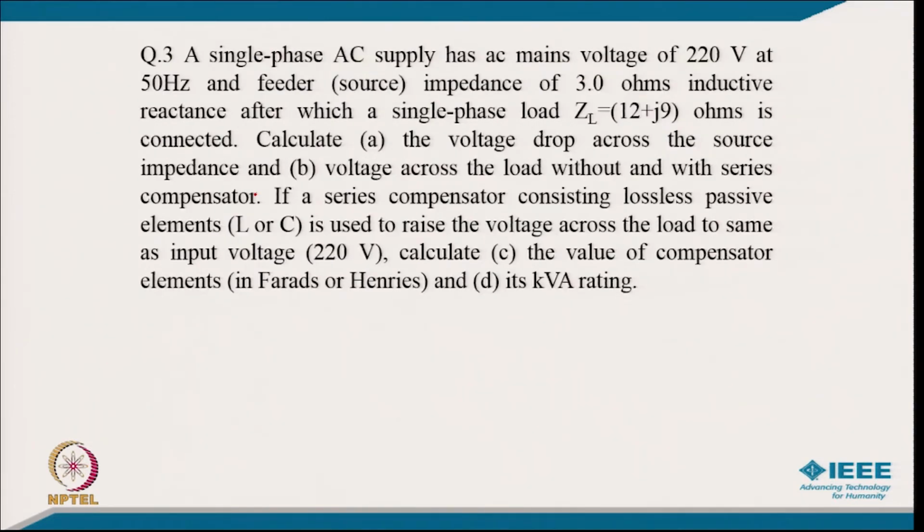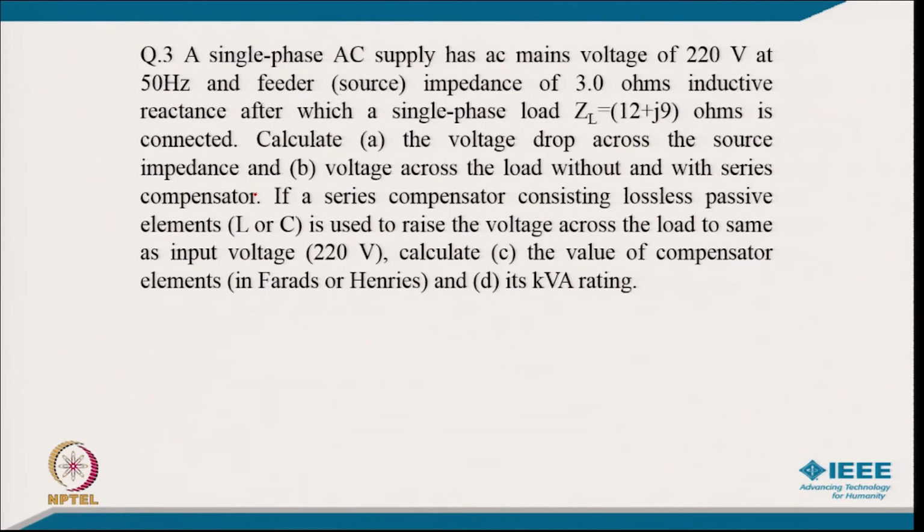Now, we come to another, third problem. We have all the variety of problems you can think about here. So, another problem: a single phase AC supply has an AC mains voltage of 220 at 50 hertz and a feeder or source impedance of 3 ohm inductive reactance, after which an impedance of 12.09 ohm is connected. Calculate the voltage drop across the source impedance and the voltage drop across the load.